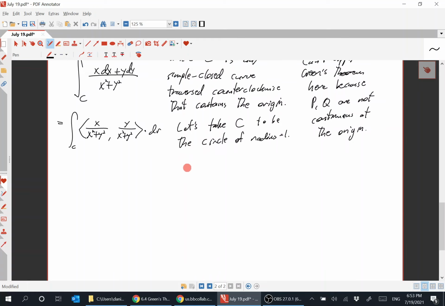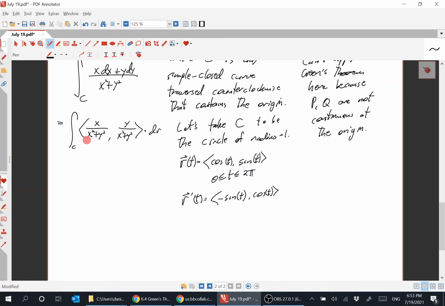So we'll take C to be the circle of radius 1, so r of t is equal to cosine t, comma, sine t, 0 less than or equal to t, less than or equal to 2 pi. So r prime of t is minus sine of t, comma, cosine of t.